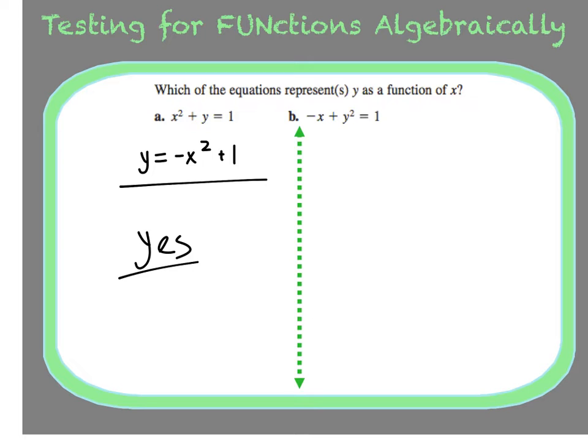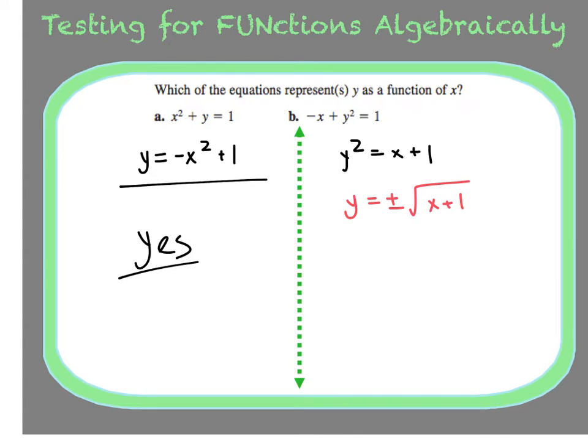Now, let's look at part B, and I think it might clear up here. Let's solve for y. What do I need to do to solve for y here? I need to add x. So now I got y squared is equal to x plus 1, right? Then what do I need to do to solve for y? I square root it. So when I square root it, I get plus or minus the square root of x plus 1.